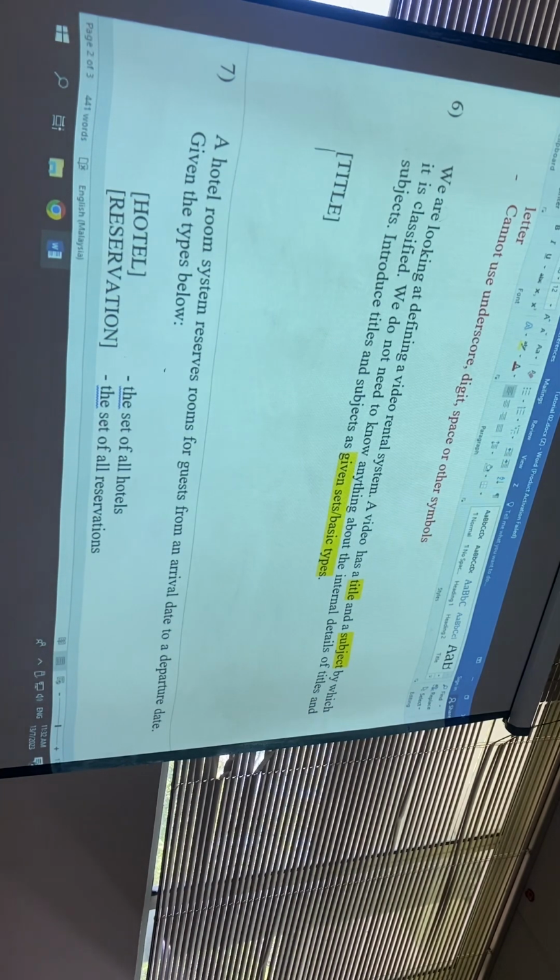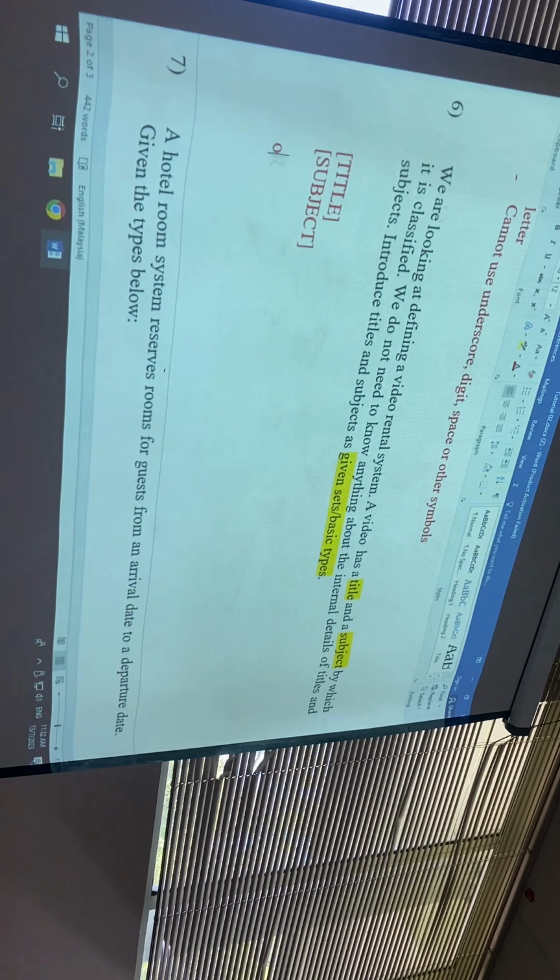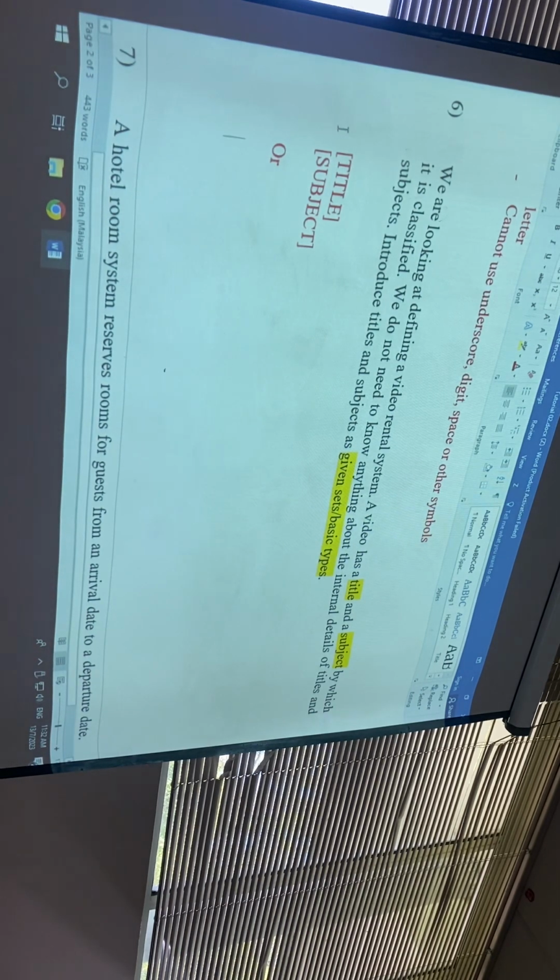Then same thing for subject, singular word. If you remember in the lecture, you can actually combine these two together. For example, you do like this.